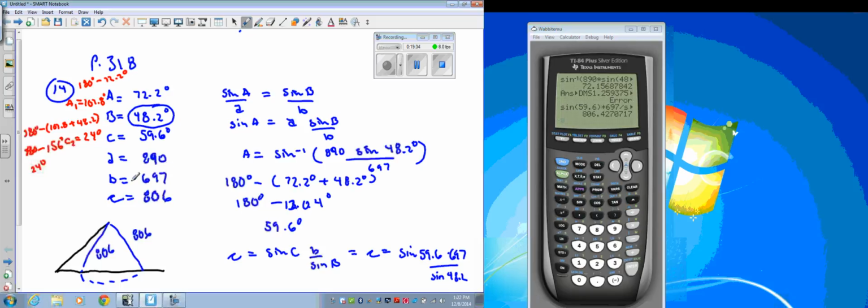This side is the same, but the side that's going to be different is that. Yeah, B has got to be the same because that angle is always the same.